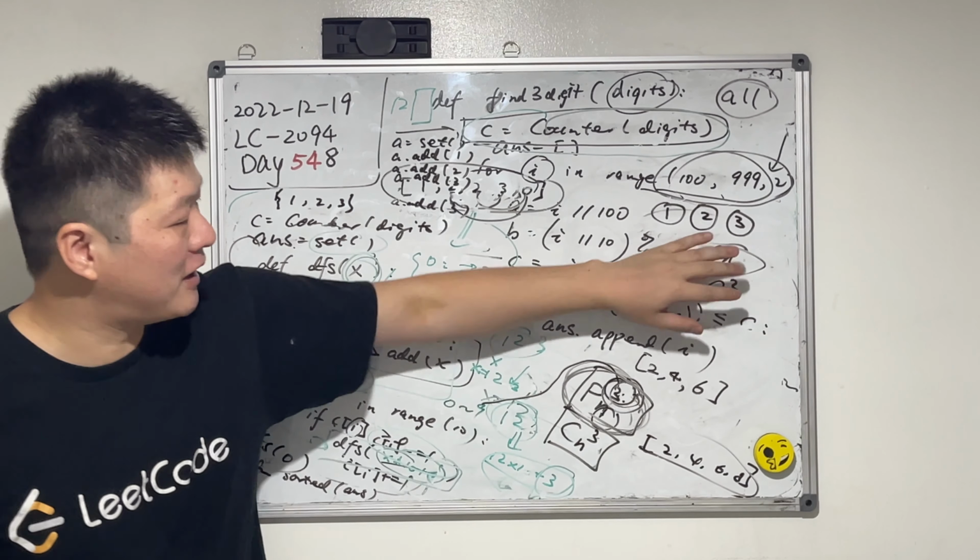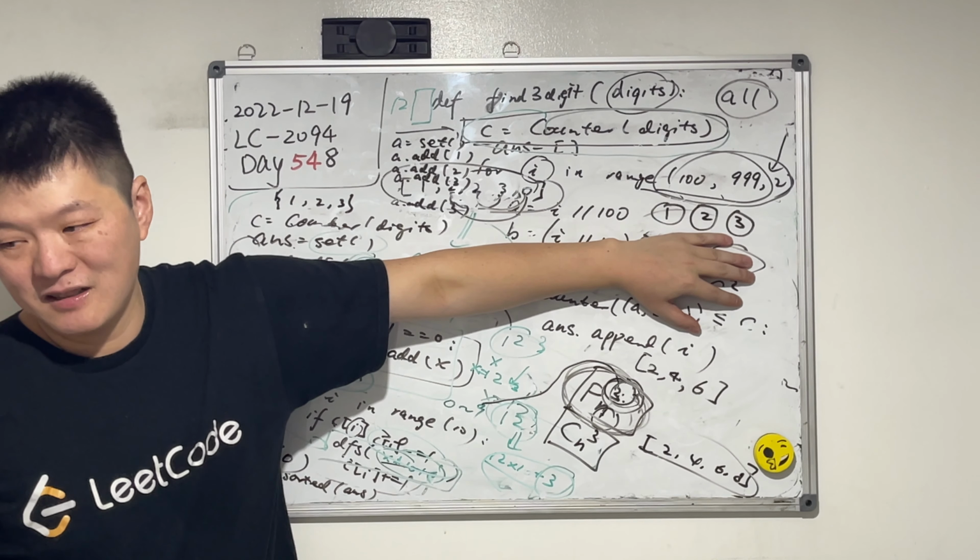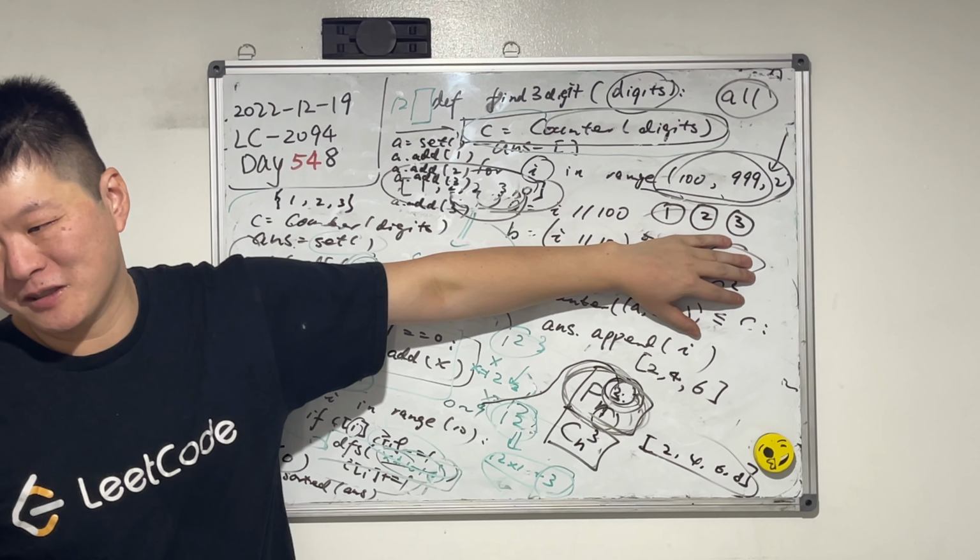C(3,2). What does C(3,2) give us? 3 apples picking 2.